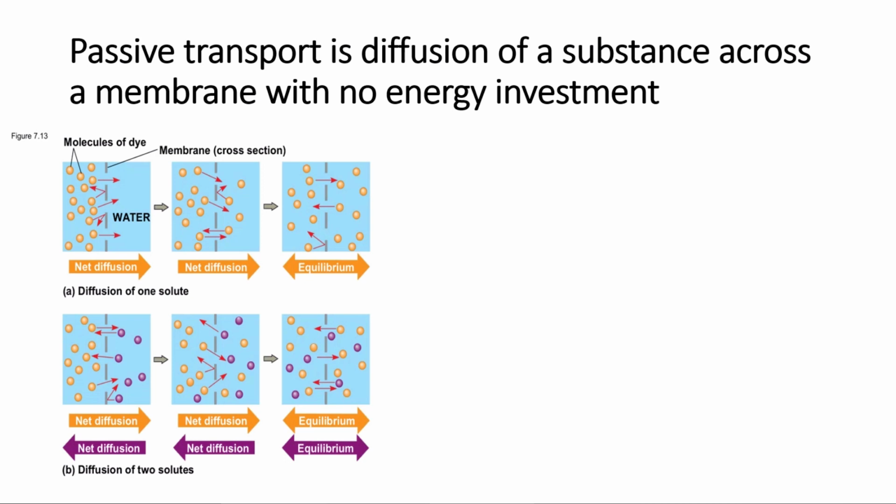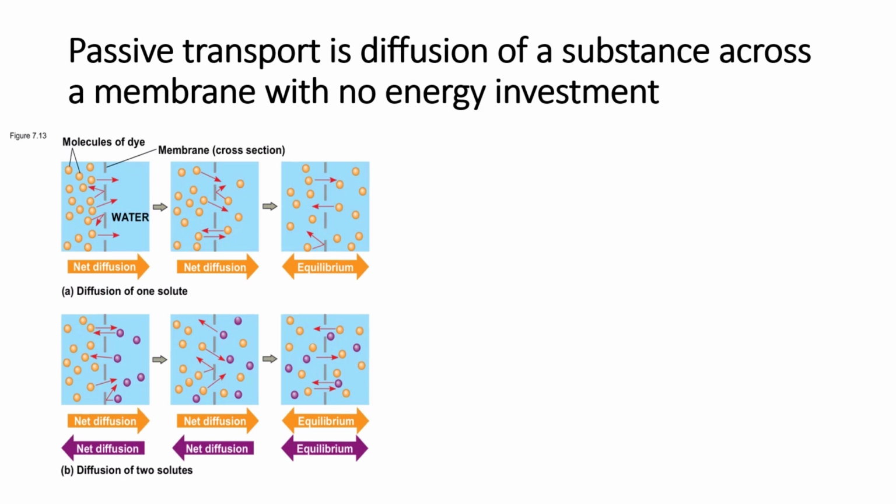Although each molecule moves randomly, diffusion of a population of molecules can be directional. At equilibrium, as many molecules will cross the membrane in one direction as in the other. That's dynamic equilibrium. Whatever amount of molecules moves in one direction, the same will move in the opposite direction.